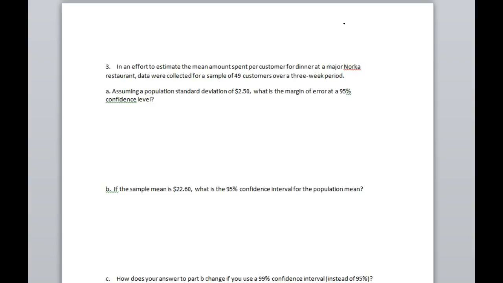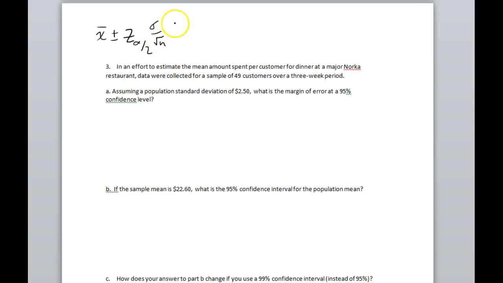So margin of error is just talking about, in terms of our confidence interval, if we define our confidence interval as the formula of x bar plus or minus z of alpha half, so the z that corresponds to leaving half of alpha off to the side, times sigma over square root of n, right? So our sigma x bar.